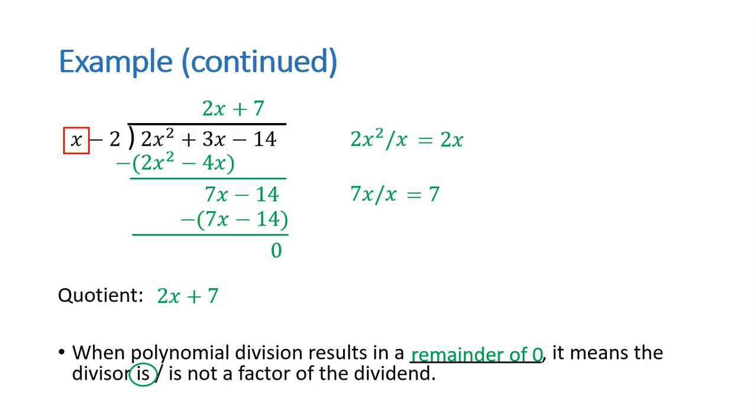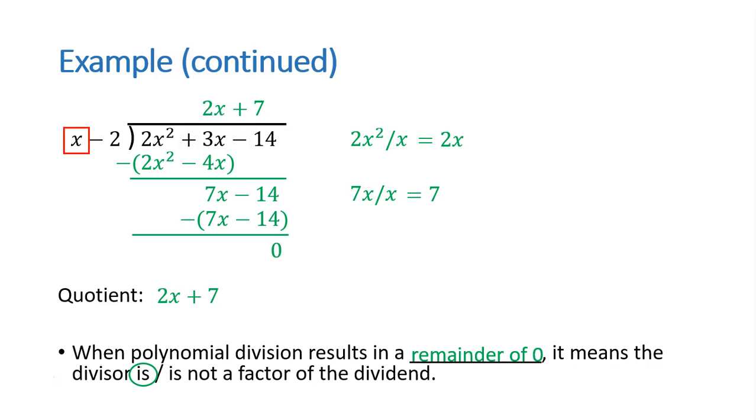So if our ultimate goal is to be able to factor, to write something like a long, complicated dividend as a bunch of smaller individual factors, then what we just determined is that x minus 2 is one of the factors that would divide into 2x squared plus 3x minus 14. As it turns out, the other factor is whatever we're left over with when we divide in, which in this case was 2x plus 7.